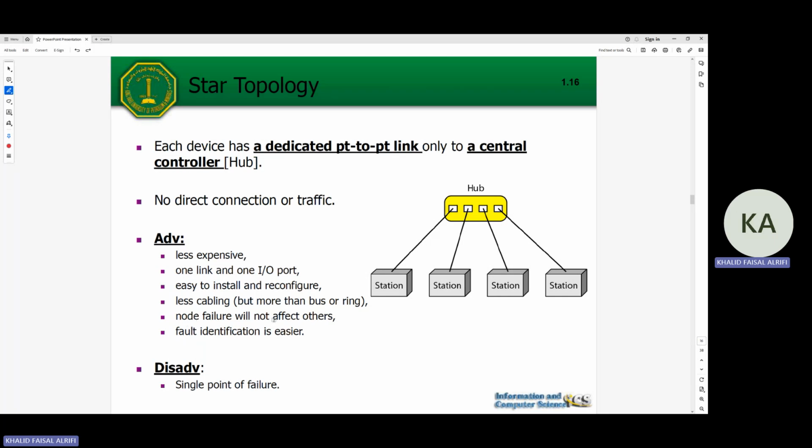Node failure will not affect others. Fault identification is easier. Disadvantages: single point of failure, which means if the hub fails, all of them will be disconnected and can't communicate with each other.